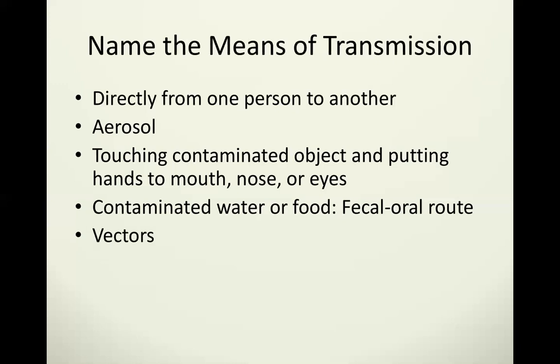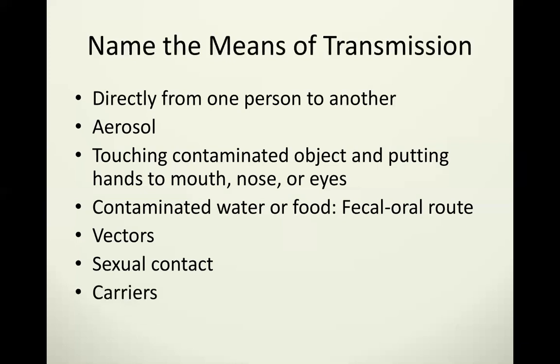Vectors, again, are animals or organisms that can pass the disease. So, for example, animals like dogs can pass rabies, okay? Rodents can pass the bubonic plague. Sexual contact, sexually transmitted diseases. So these are some of the big ones.